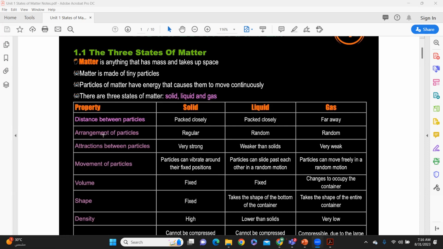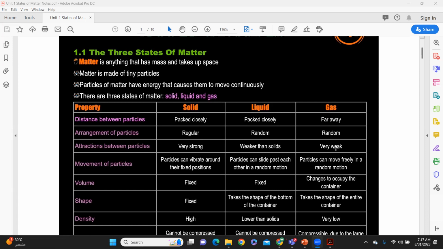The arrangement of particles in a solid is regular; here it is random, and here again random. About the force of attraction between the particles: here it is very strong, and that's the reason they are held together tightly. In a liquid it is weaker than in solids, and in a gas very weak.